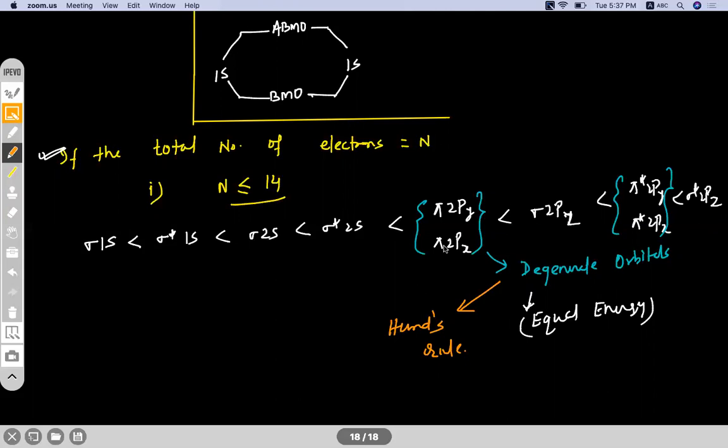Okay. The second case for distribution of electrons, when the number of electrons n is greater than 14 but less than or equal to 20. In this case, only one change you have to make here.